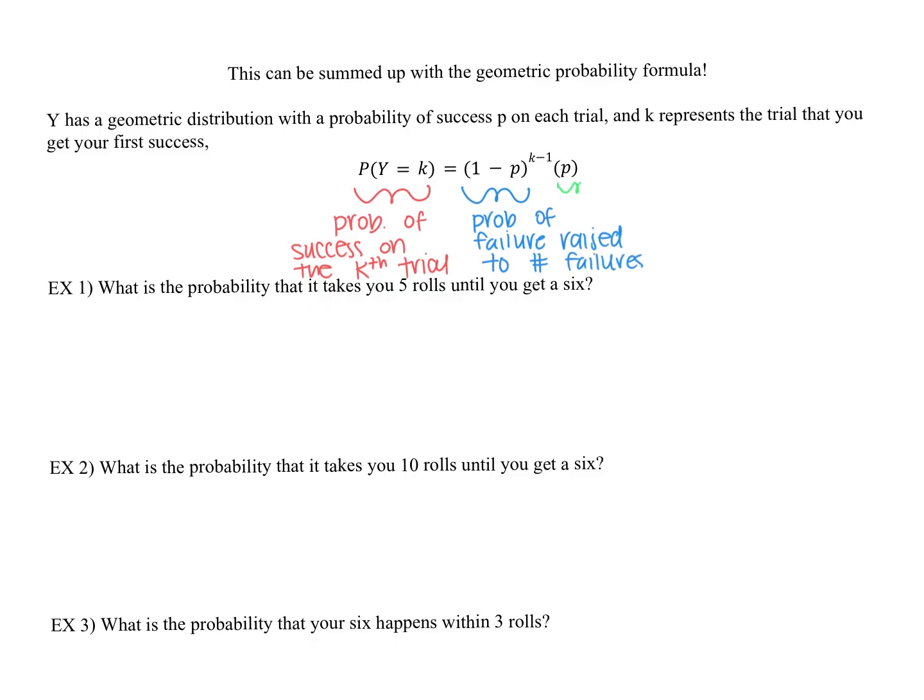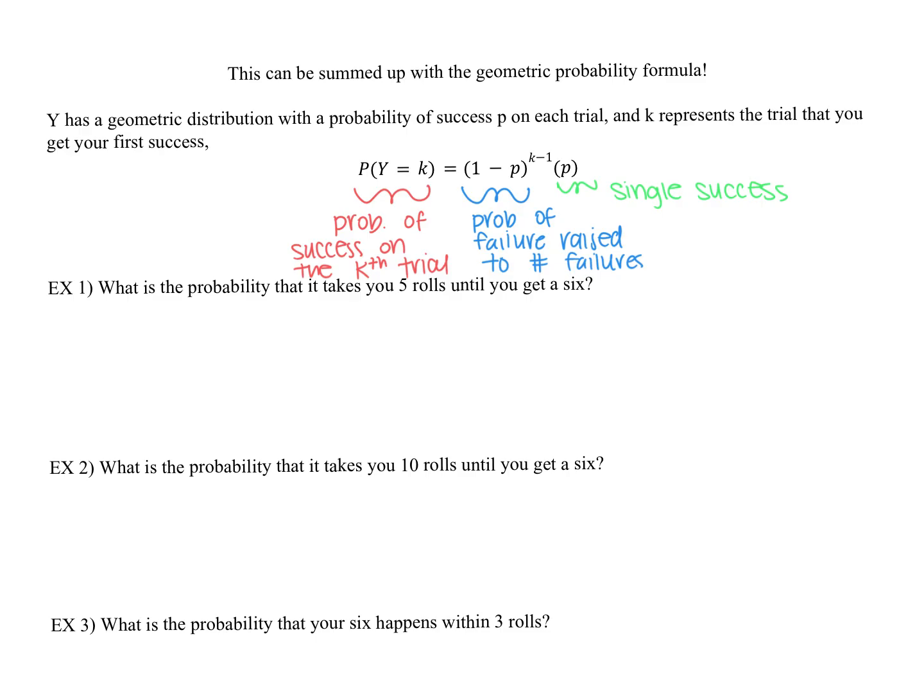And then lastly, we have p, which is our single success, because you're always only going to have one success. Unlike a binomial distribution where you could have multiple successes or no success, in a geometric, you only ever have one success and the rest are failures.